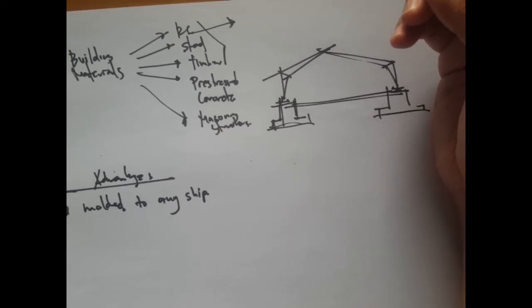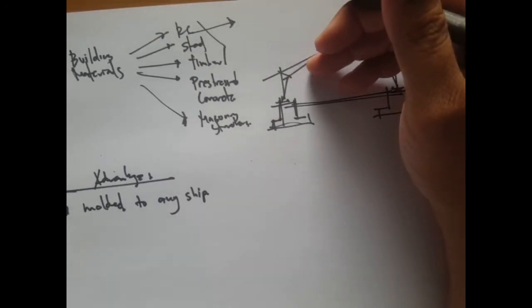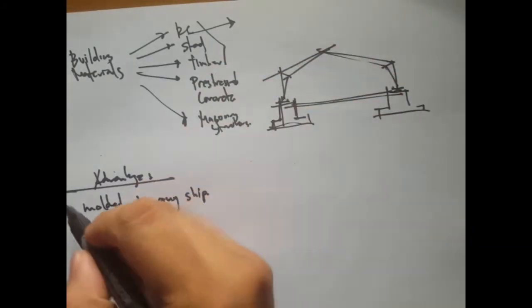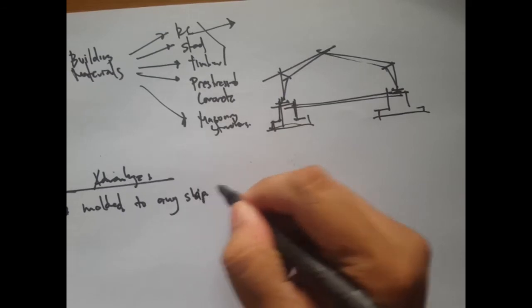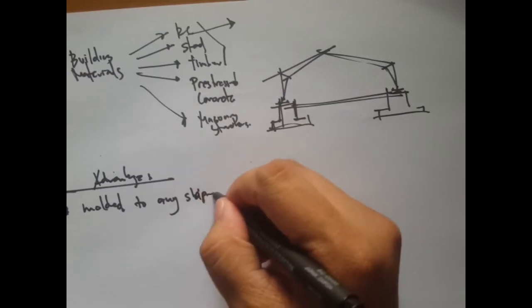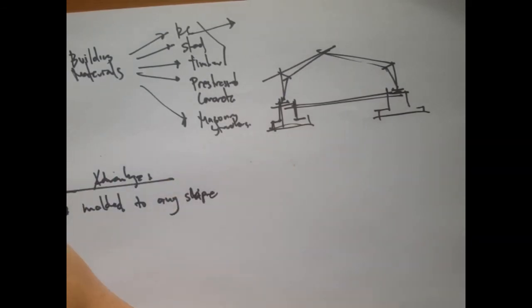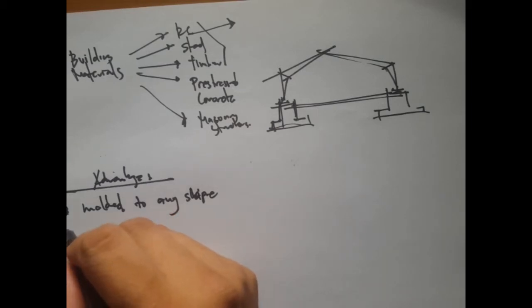And when it's hard, you can remove the form. So you get the shape that you like. This is very versatile in terms of shape.